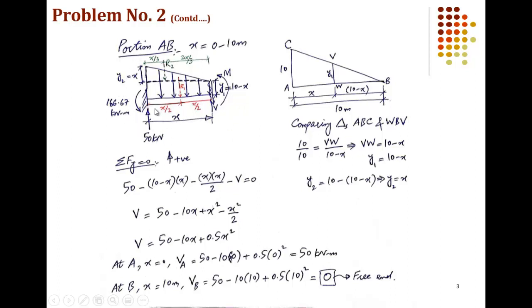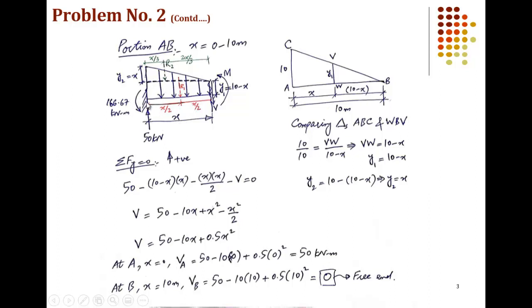This is the free body diagram for portion AB. The x will vary from 0 to 10 meters, and we have drawn the left part of the beam. The reactions are marked 50 kilonewton in the upward direction and 166.67 kilonewton meter in the counterclockwise direction.